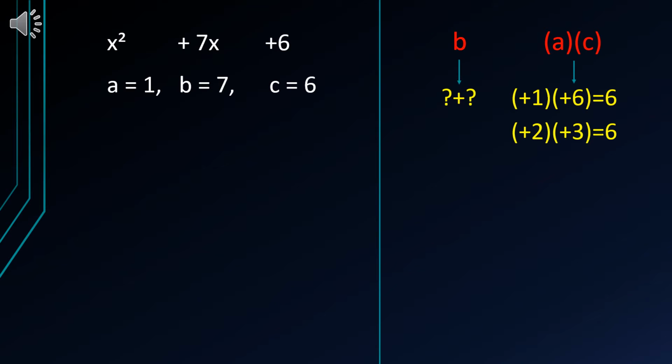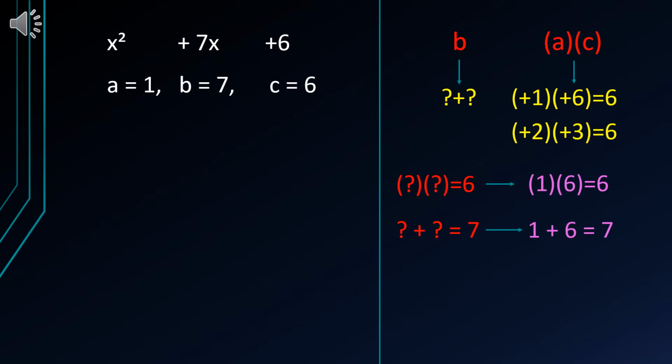Looking at these multiples, we choose the one when multiplied gives back the value of AC, and when added gives the value of B. Therefore, we take the factors 1 and 6, because 1 multiplied by 6 equals 6 and 1 plus 6 equals 7.